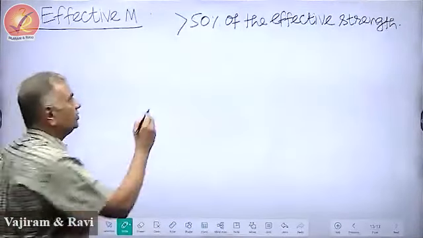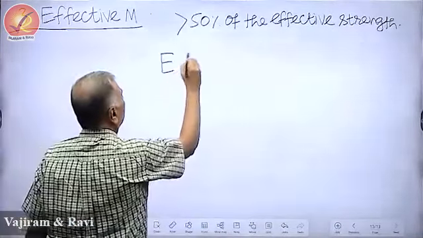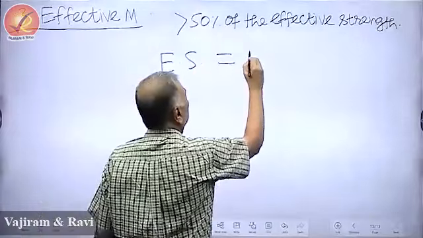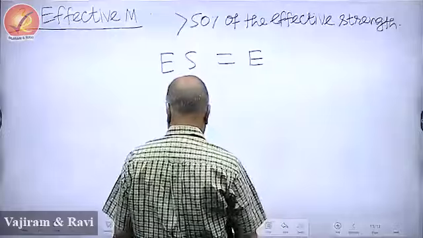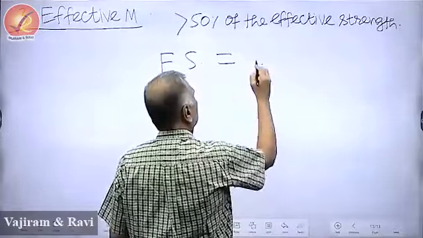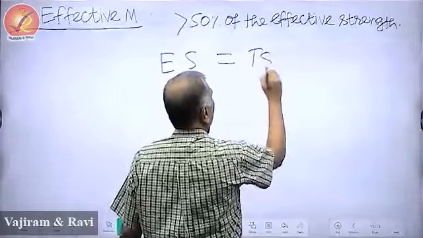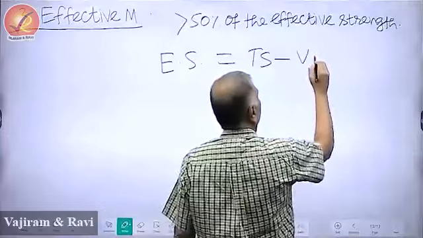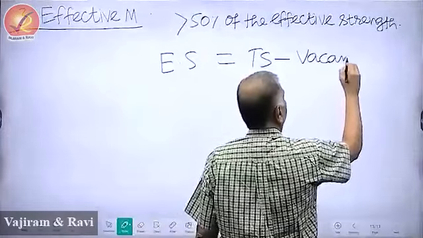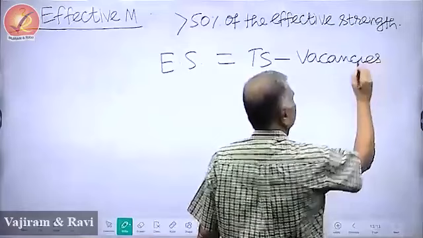What is effective strength? Effective strength is equivalent to total strength minus vacancies.